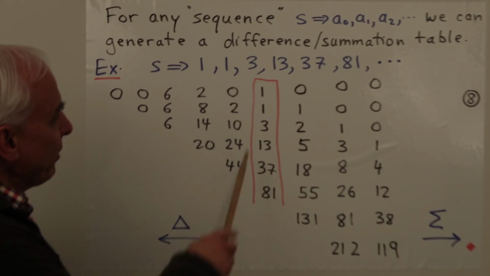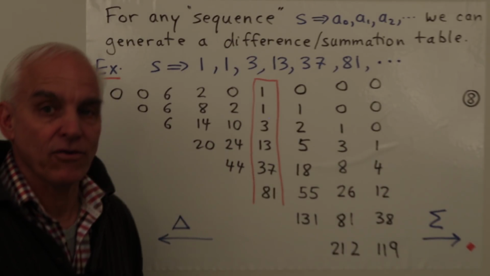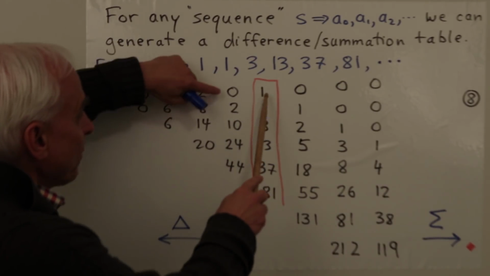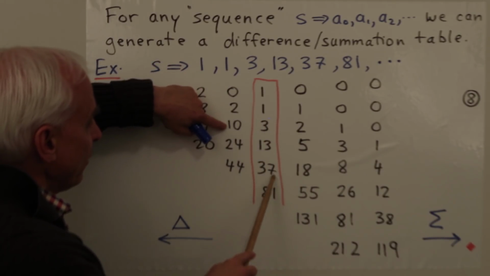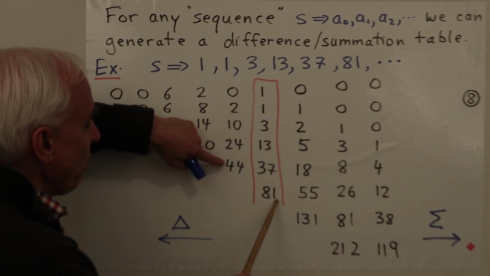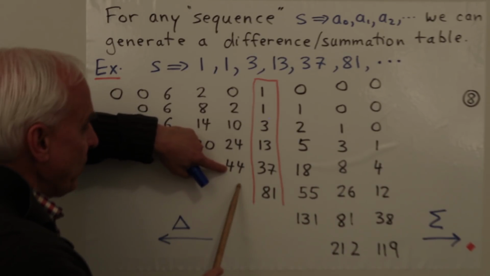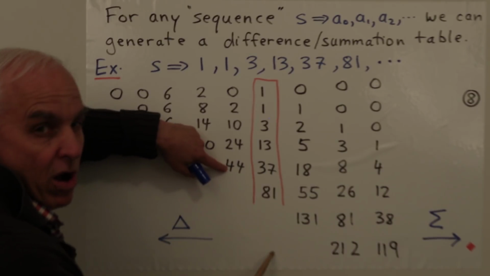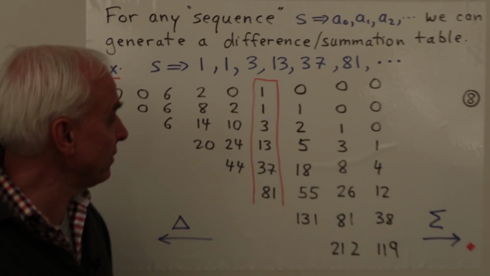So, for example, here is the original sequence, and here are the differences of this sequence. 1 minus 1 is 0, 3 minus 1 is 2, 13 minus 3 is 10, 37 minus 13 is 24, 81 minus 37 is 44. There's no further difference that we can evaluate. This sequence might go on, but we don't know how it goes on, so we must leave that unevaluated.